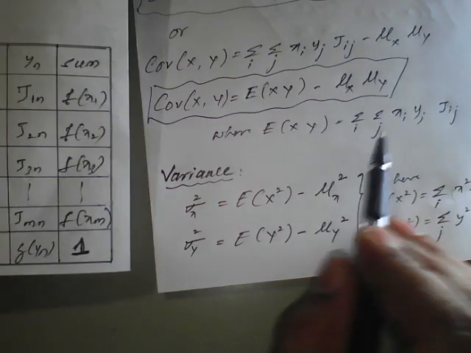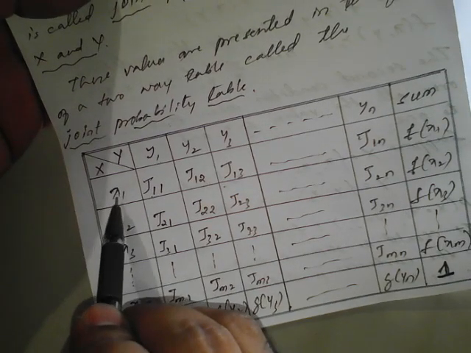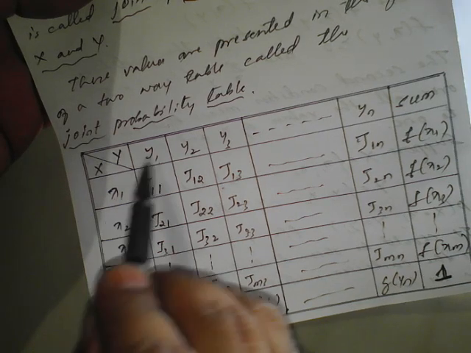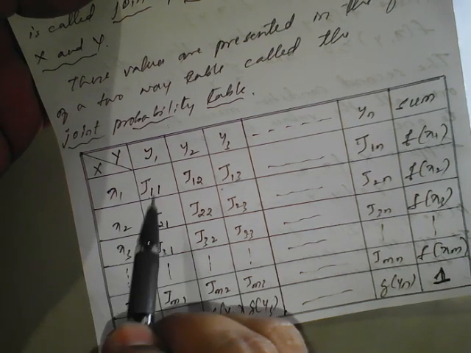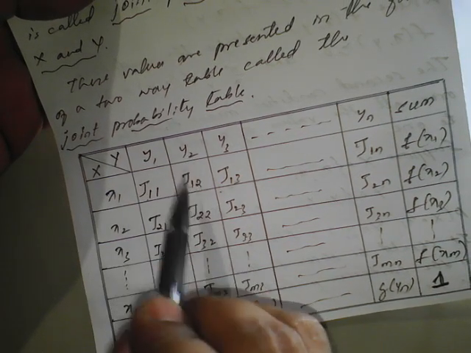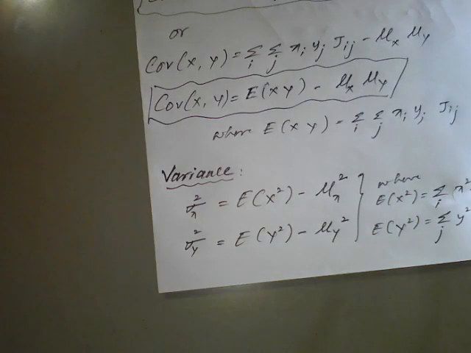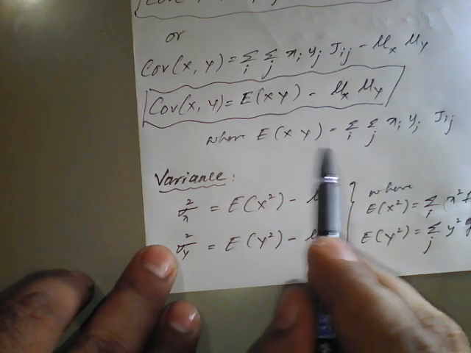We have to find this summation over i, j of xi yj. So we take this xi, and the value we get here, this value and this; all three values we have to multiply, plus then the first value, this value and this value we have to multiply. Similarly we complete the table, and from that we get E of xy.